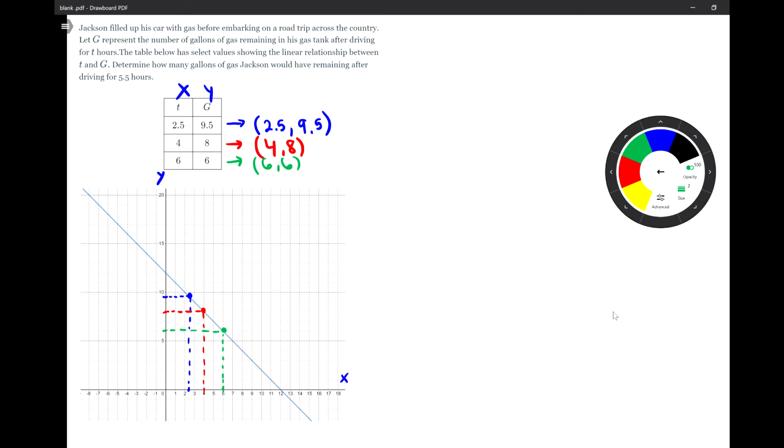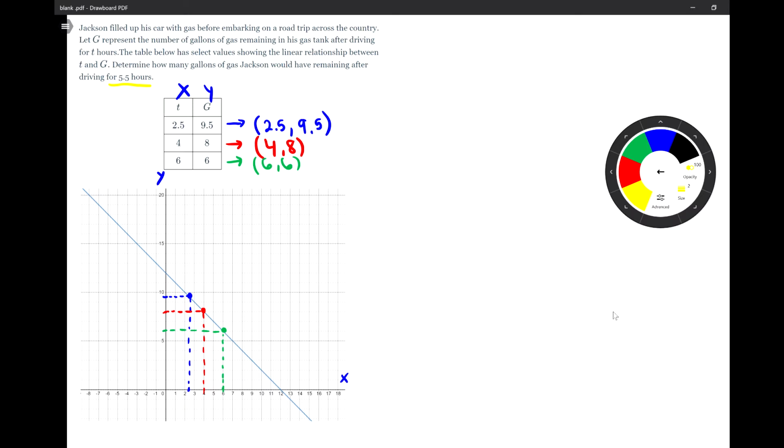Since we call it a linear function, we expect to see a straight line when you connect all the points from the table. Now the question is how much gas Jackson would have remaining after driving 5.5 hours. We can figure out the answer by working on the graph right here.